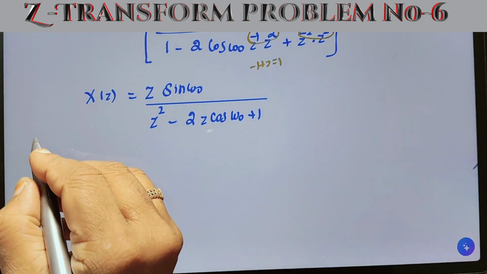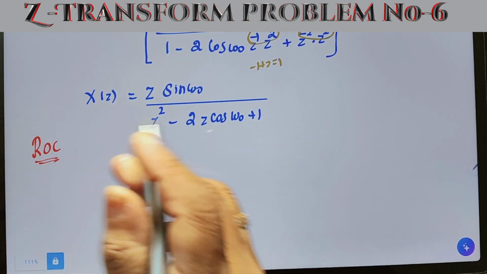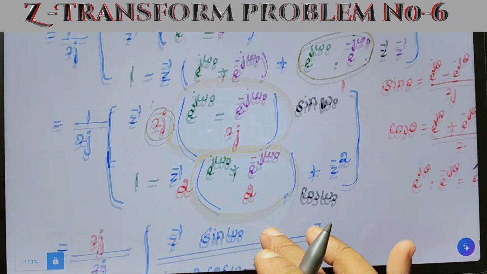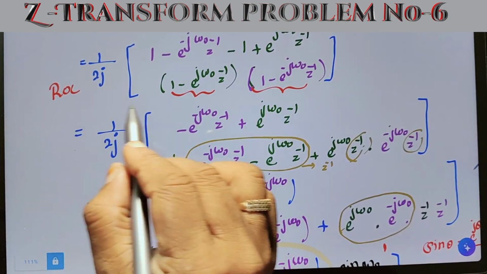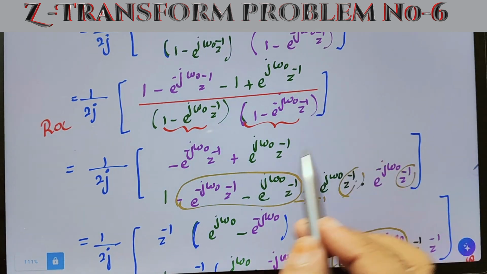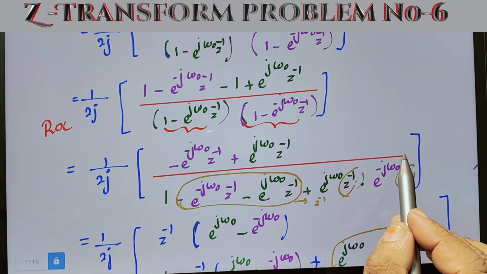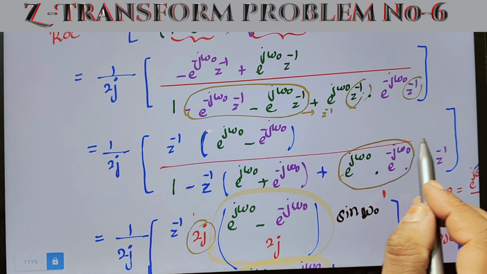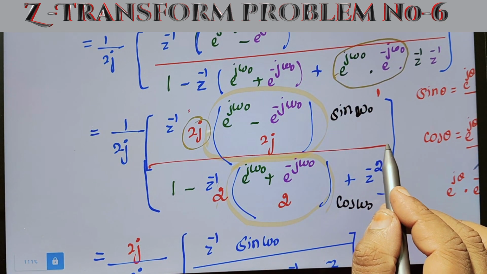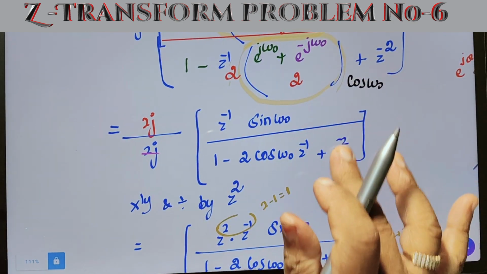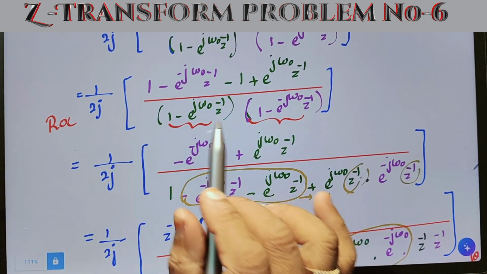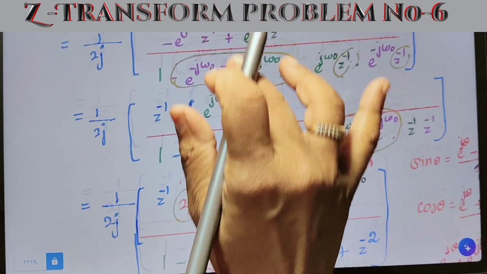This is for X of z. Next, to find the ROC, it's very simple. This line is used for the ROC.